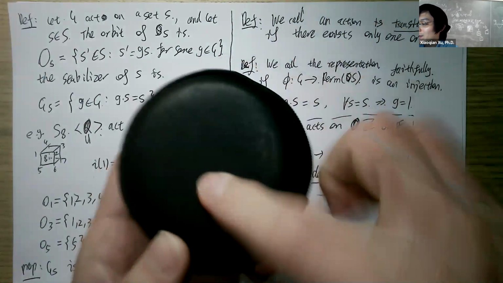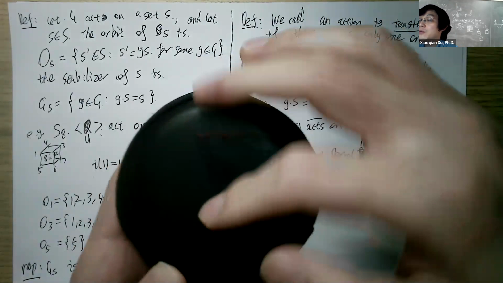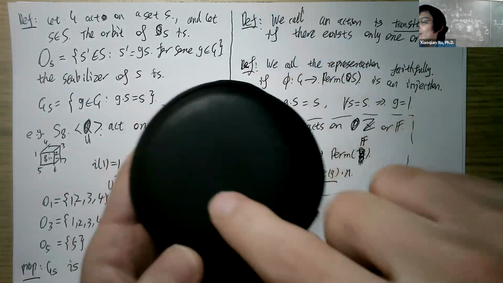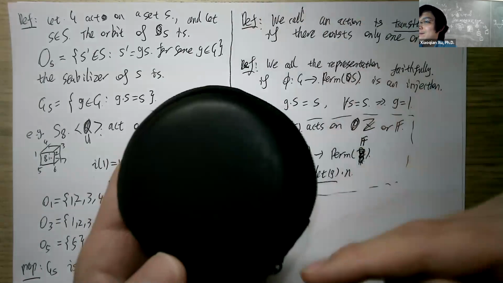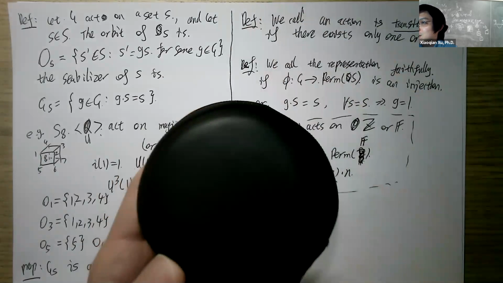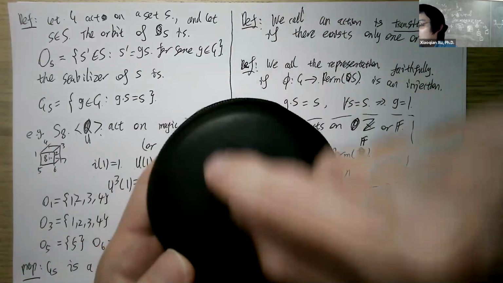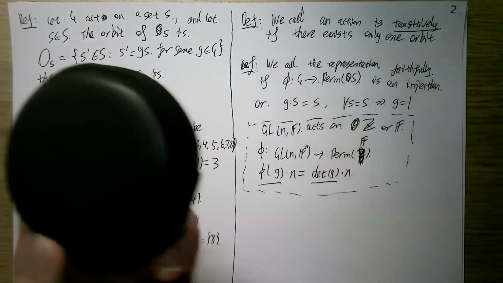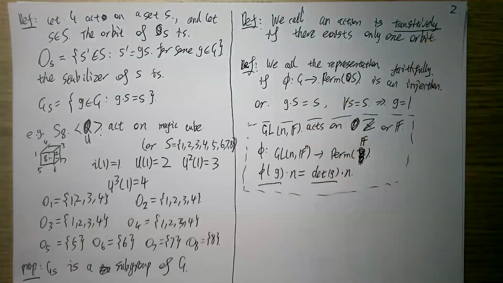So we say you only have one orbit, because this orbit can connect every point of your set. You can use a group element to map from one point to any other point, which is why the orbit is everything. Not the group itself, it's the set itself. Yes, it's the set itself, right?